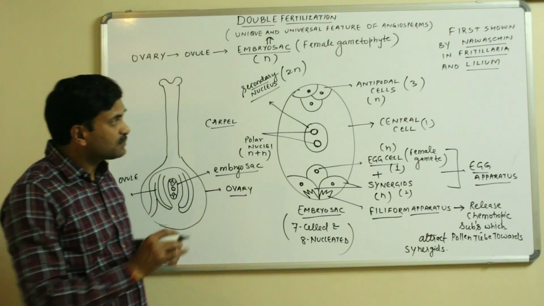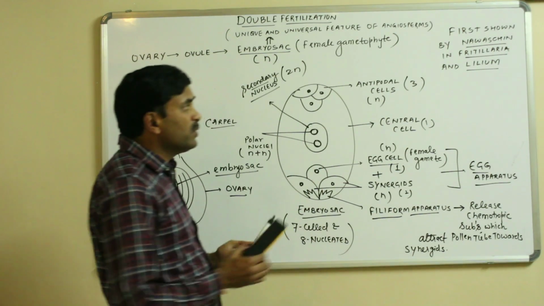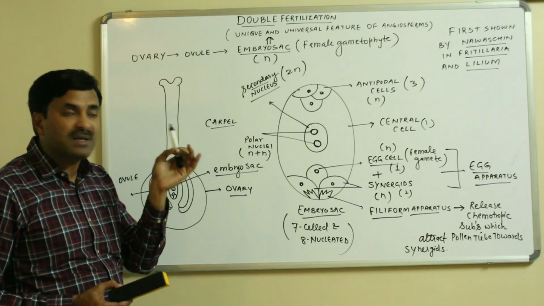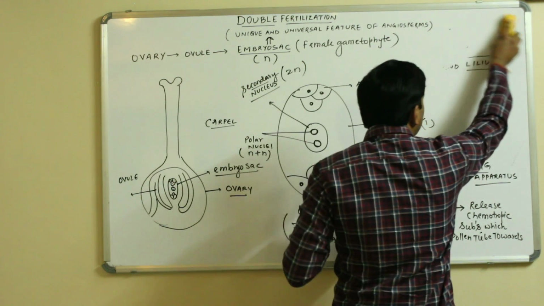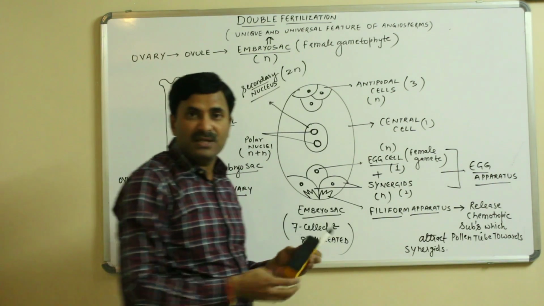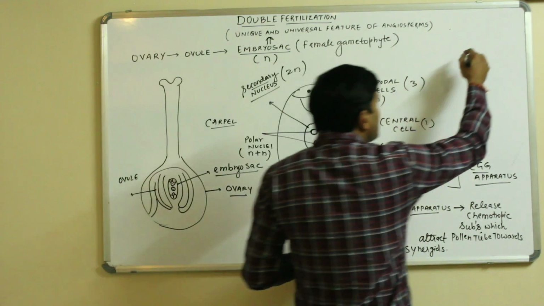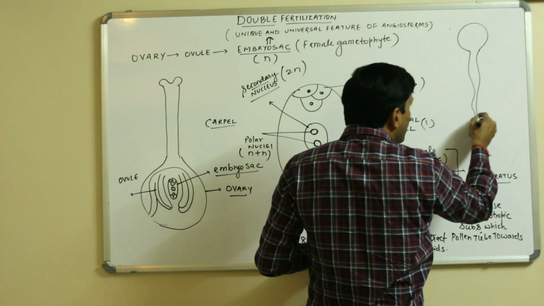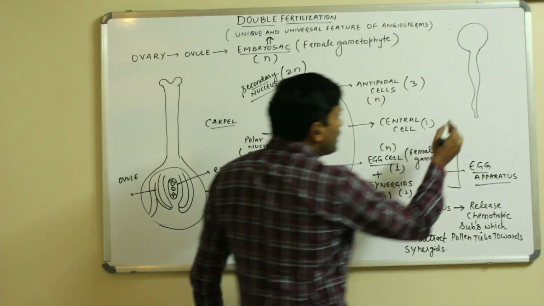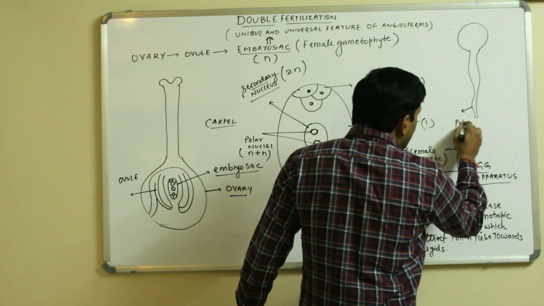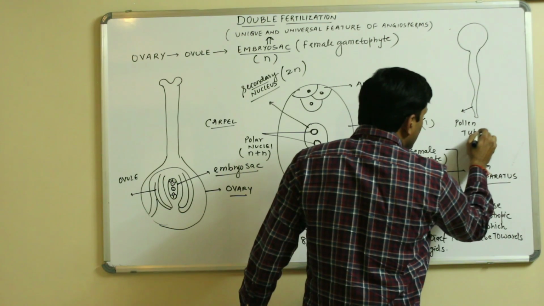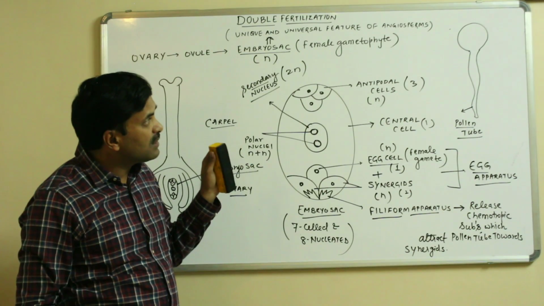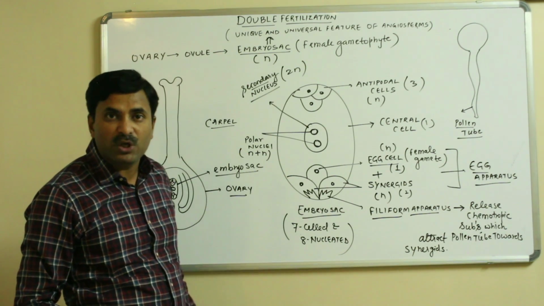Now we know that when the pollen grain reaches the stigma surface, it germinates, like this. This is the germination of the pollen grain, and whenever the pollen grain germinates, a pollen tube arises. This is a pollen tube, and the contents found in the pollen grain are now released in the pollen tube.